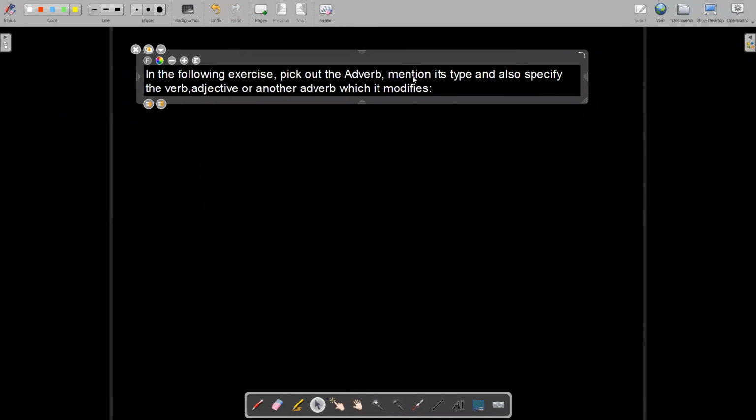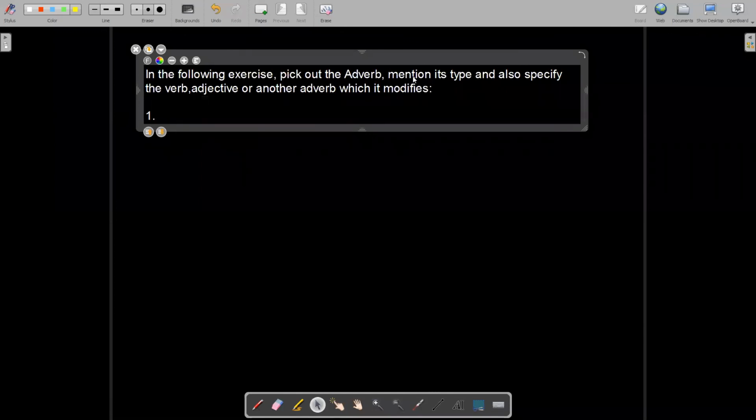So listen very carefully. The question says clearly, in the following exercise, pick out the adverb, mention its type, and also specify the verb, adjective, or another adverb which it modifies.